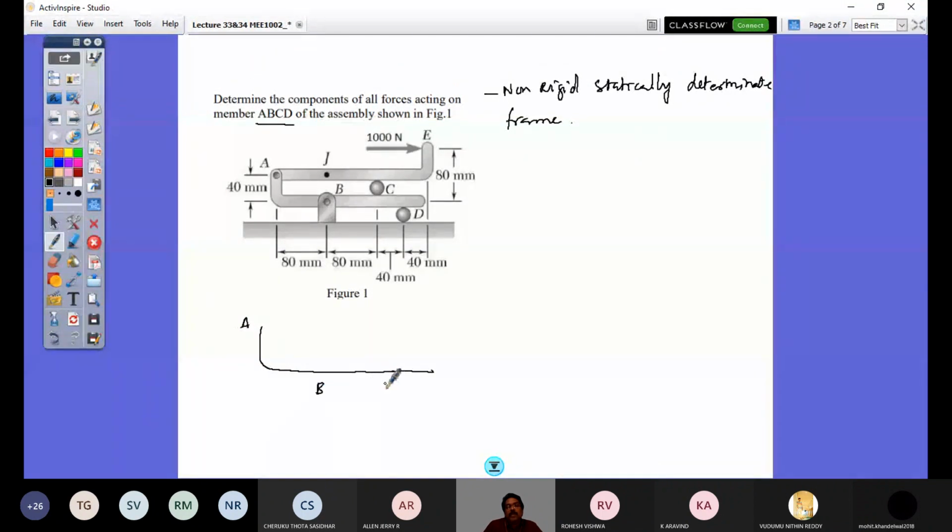And this is extended. So this is D, this is C, and this is B, and this point is A. Now, what are the unknowns here? The unknowns here are By and Bx.